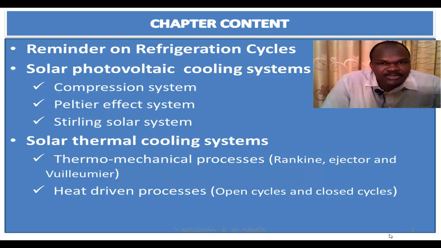Number two, we'll talk about solar cooling using solar PV. And number three, we'll talk about solar cooling using exclusively thermal energy, heat. Within that, you have the thermomechanical processes and then the purely heat-driven processes.